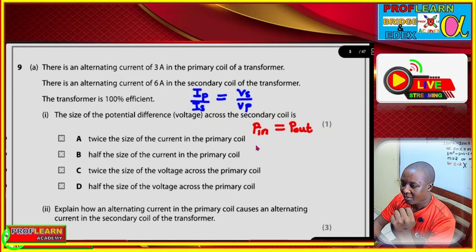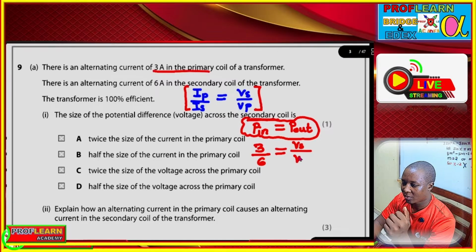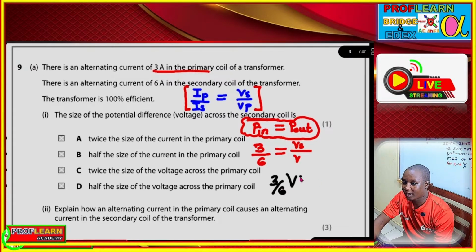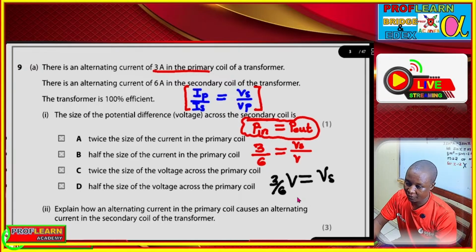So of course we can focus now on this first equation that we are given there, and we can say the current in the primary coil is 3 over 6, which is the current in the secondary coil. Now we are trying to find the potential voltage across the secondary coil, so we can rearrange and make voltage in the secondary coil the subject, and you can see voltage in the secondary coil is going to be half the size of that in the primary coil.